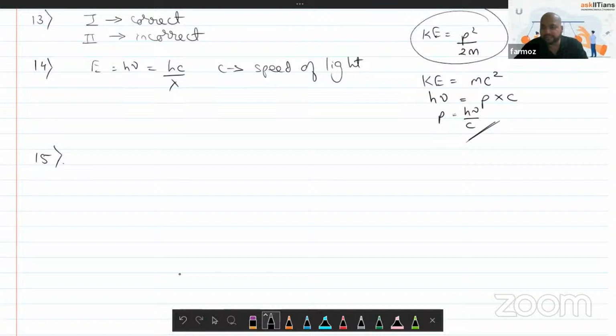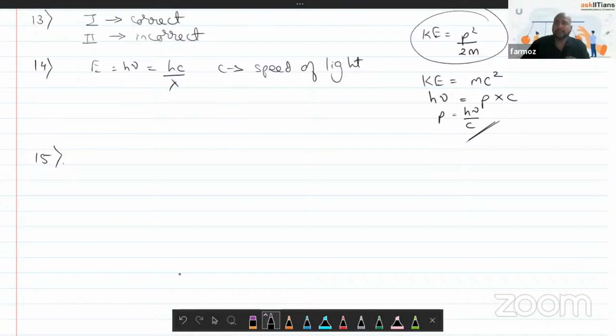They have considered various parameters. Let's say it is jumping from third to second, fourth to second, fifth to second, and sixth to second. On this basis, what they are asking is to calculate the wavelength. Now, you have to evaluate the value of the wavelength.